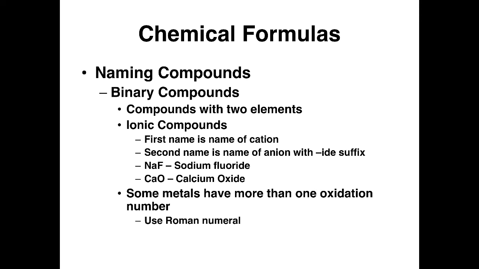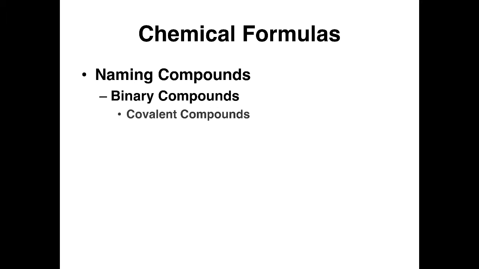So, for example, iron combined with chlorine can either have an oxidation state of +2 or +3. If it's +2, it's iron 2 chloride. If it's +3, it's iron 3 chloride.